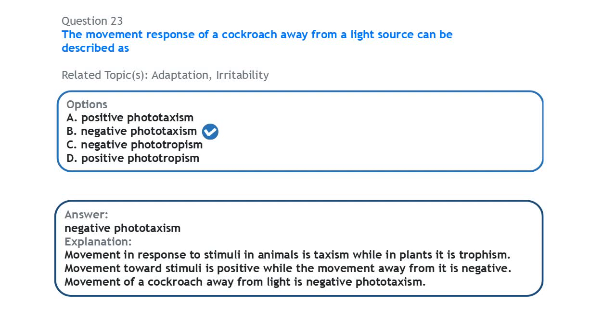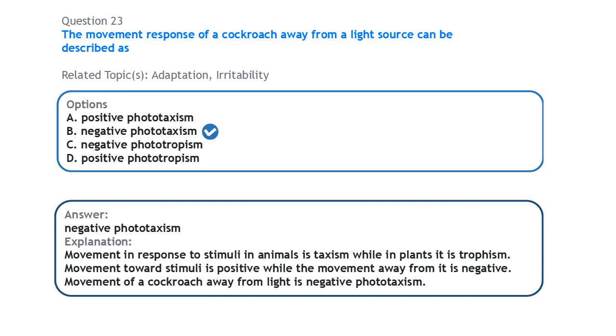It could be positive or negative depending on what direction the organism is moving towards. If the responding organism is moving towards the light source, that will be positive phototaxism. But if it is moving away from the light source, then that will be negative phototaxism. So the movement of the cockroach away from the light source is negative phototaxism.